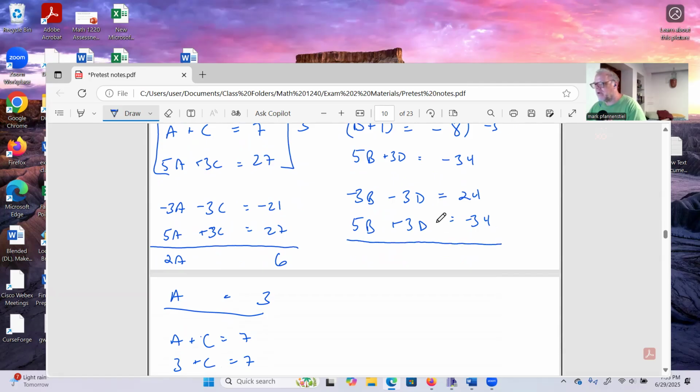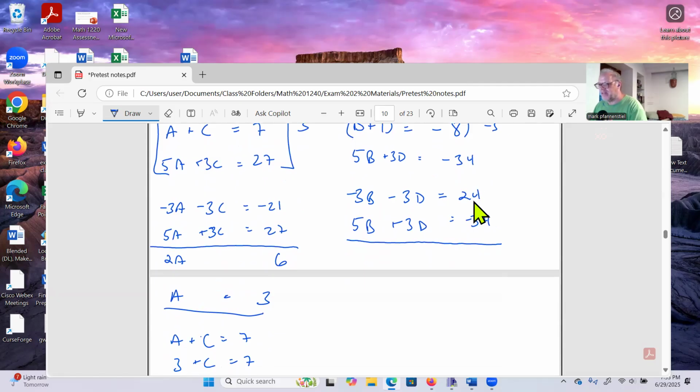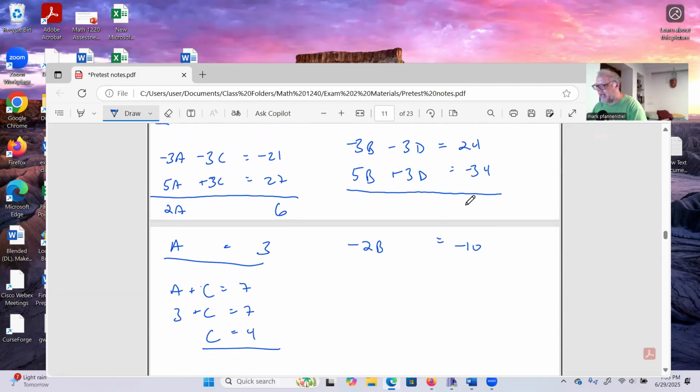All right, excuse me. So let's see here. If I add these together, I've got -2b, 5 minus 3, is equal to 24 minus 34 should be -10. And then we'll divide both sides by -2. We have b is equal to 5.